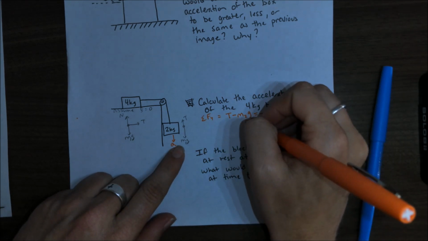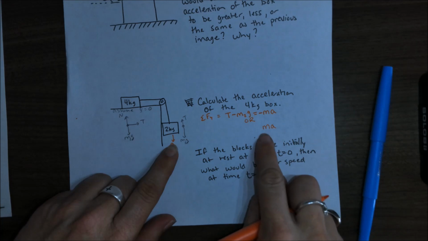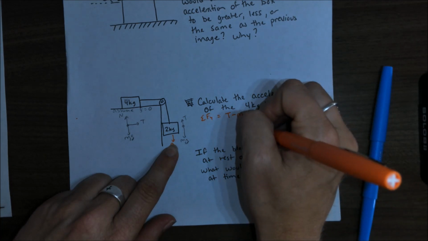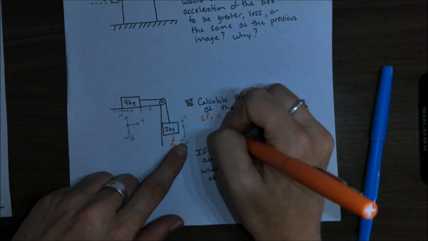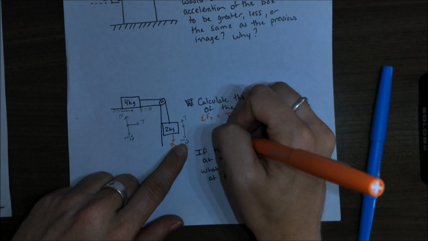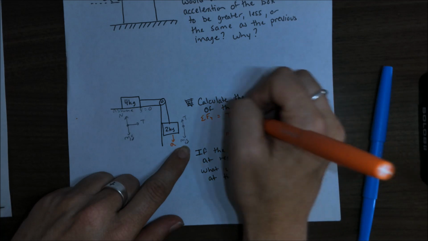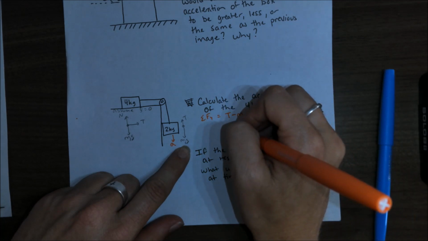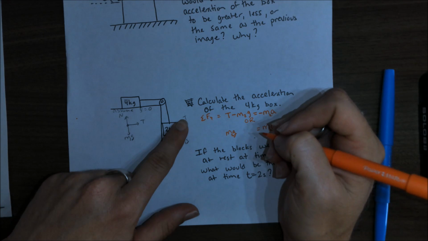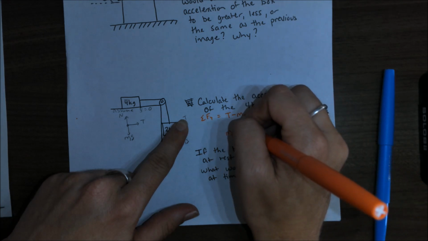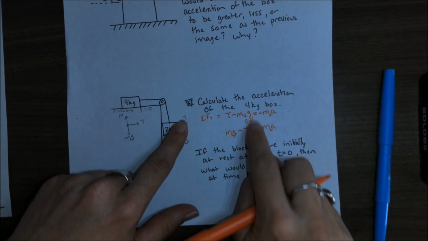So I could say that we're going to accelerate positive, and that means that my mass and gravity needs to be positive. I'm going to keep my little subscripts here, just so I don't lose track. And then my tension would be in the opposite direction, so I would subtract it. Both of these are correct statements.